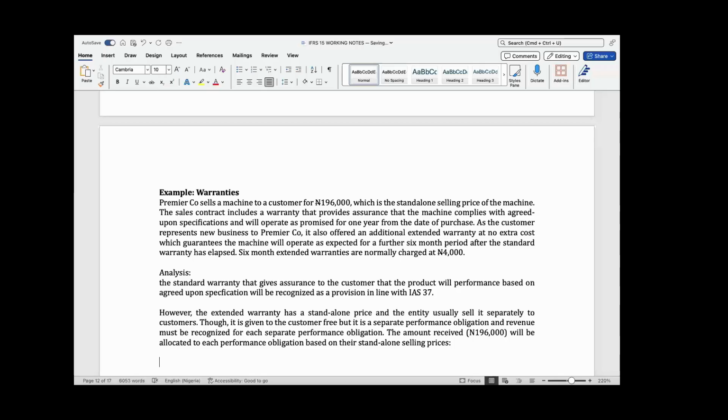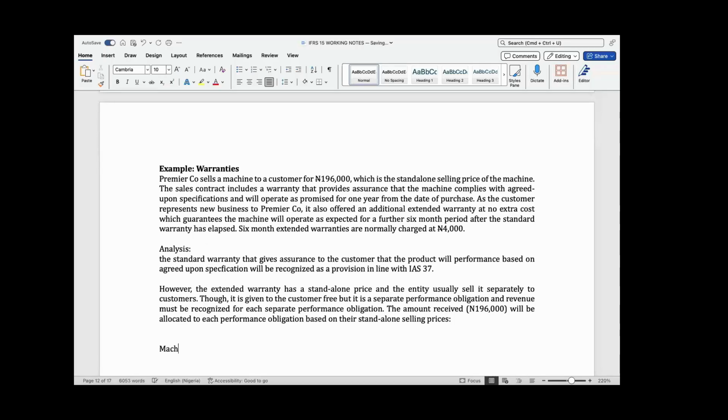So the performance obligations are the machine and the extended warranty. The standalone selling price for the machine is 196,000. The standalone selling price for the warranty is 4,000. The total standalone selling price is 200,000.